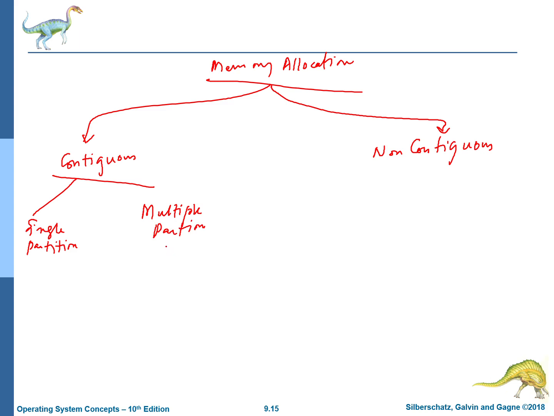And inside multiple partitions, we again have fixed size partition, and we also have variable size partition.